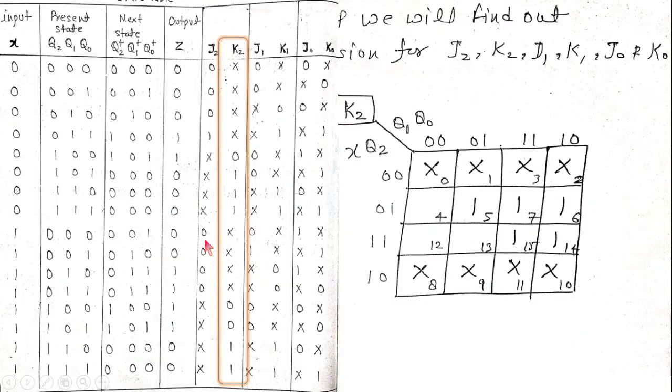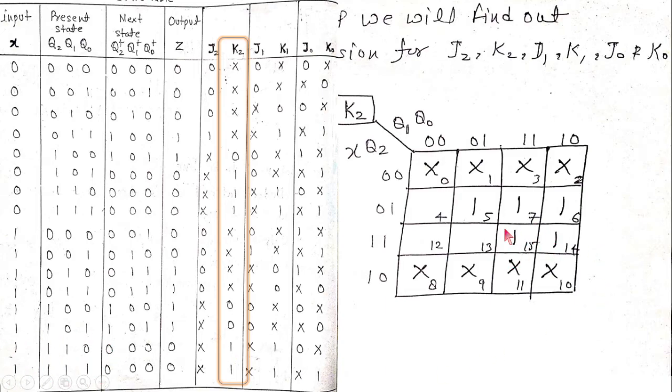Similarly come to this K2 portion. According to K2 we will fill this all. Where is 1? 1 is at 5, 6 and 7. Again where is 1? 14 and 15.